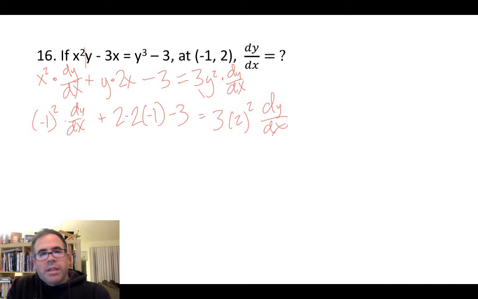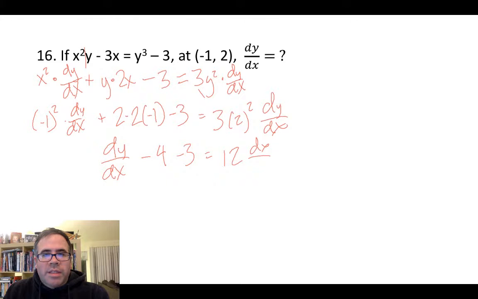Great. Negative 1 squared is 1, so that's just dy dx. Then we have 2 times 2 is 4, times negative 1 is minus 4, minus 3 equals 2 squared is 4, 4 times 3 is 12, dy dx.